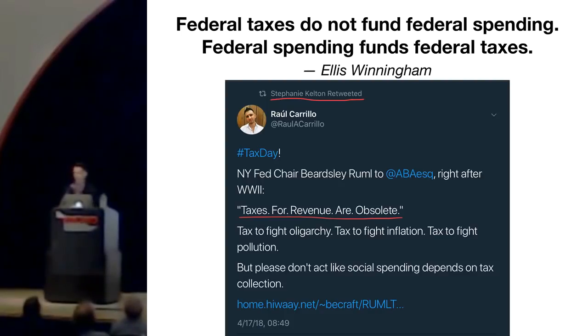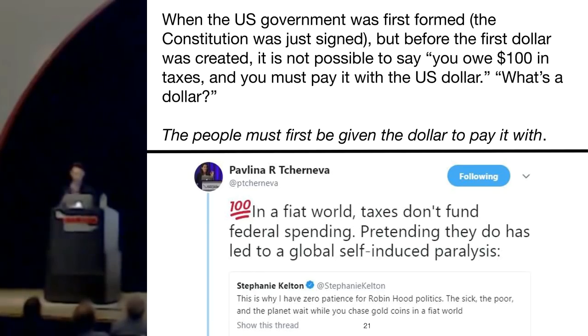Federal taxes do not fund federal spending. Federal spending funds federal taxes. So what do I mean by that? When the United States government was first formed, when the Constitution was just signed, but before the first dollar was created, it is not possible for the federal government to come to the people and say, you owe us $100 in taxes and it must be paid in the United States dollar, because then they turn to the government and they say, what's a United States dollar?